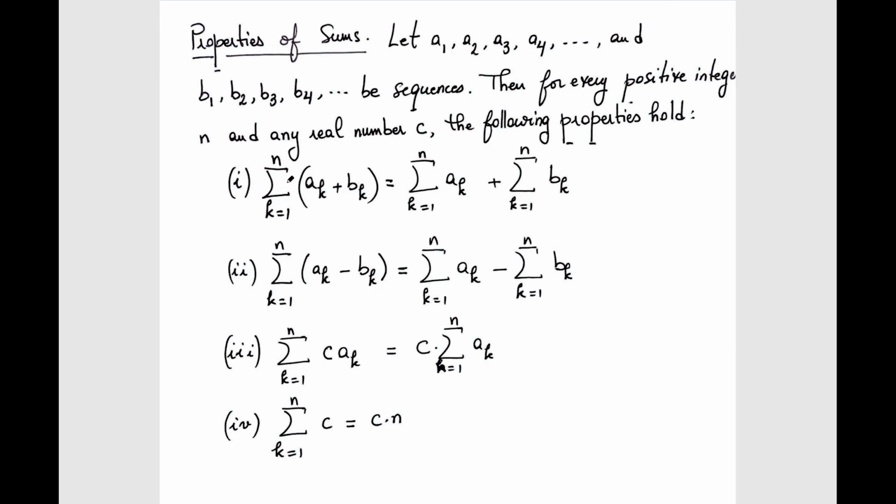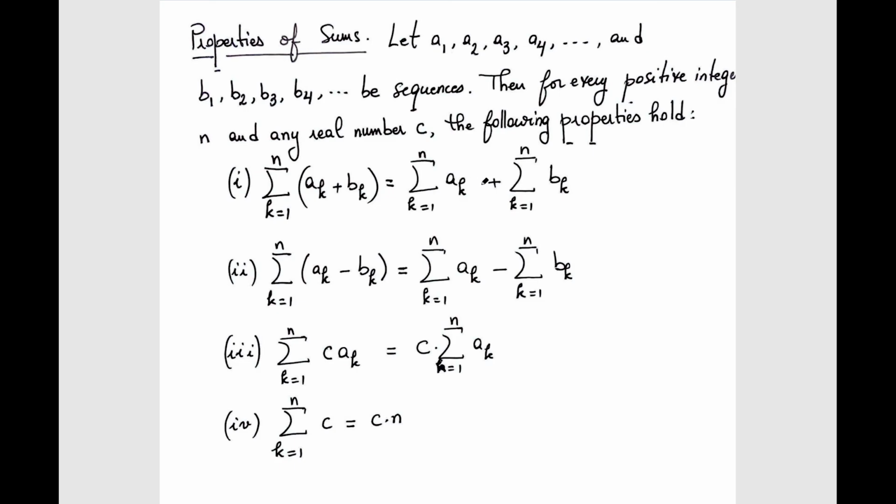The first one says if you add up the terms that look like a sub k plus b sub k and you let k range from 1 to n, that's the same thing as taking the sum of the a sub k's from 1 to n and the sum of the b sub k's from 1 to n and adding up the results.